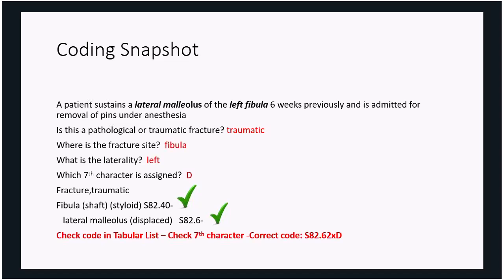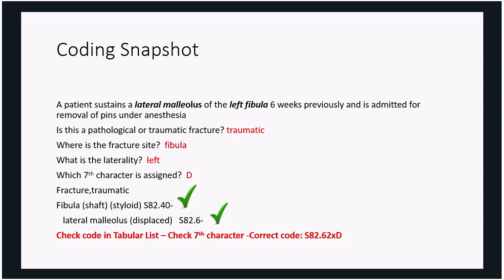When we get to the tabular, you'll see to the left of S82.6 it'll say check fifth character, fracture of lateral malleolus. Then when we scroll down further, what we see is a check and an X and a seventh. That indicates to us that this fracture code is going to require 7 characters.